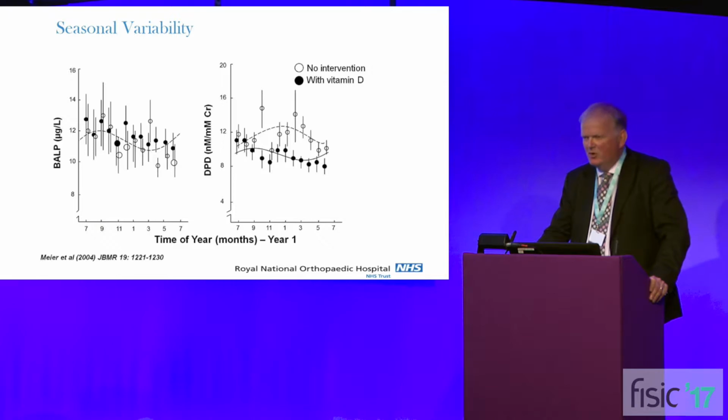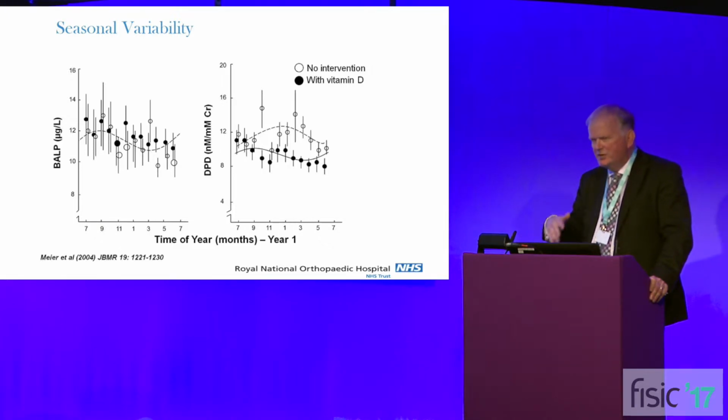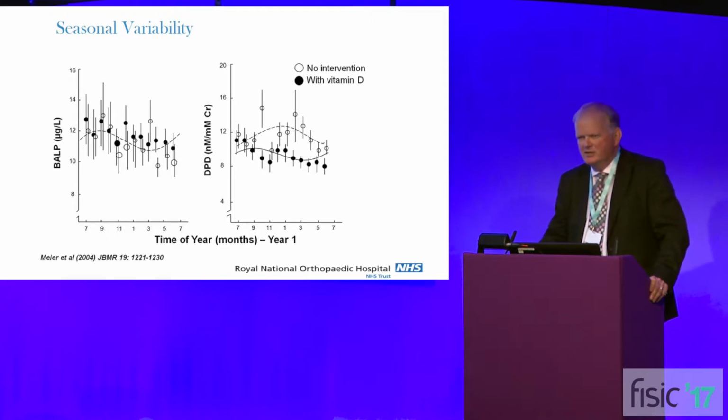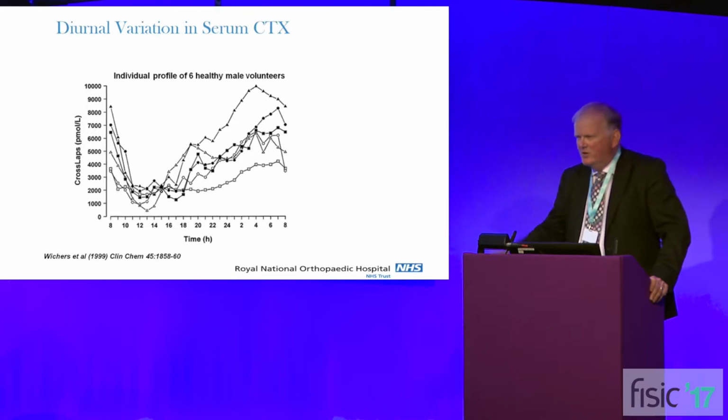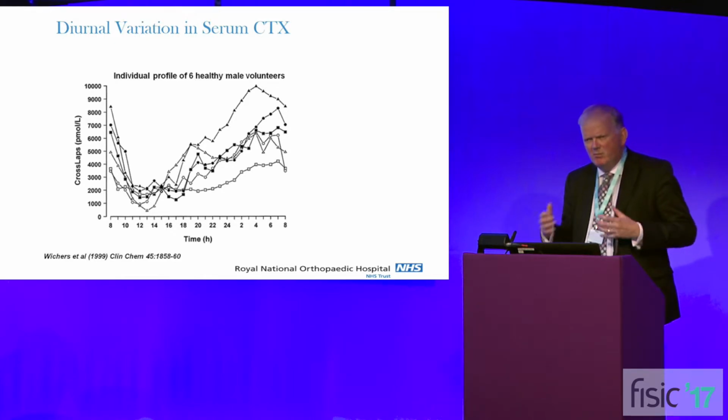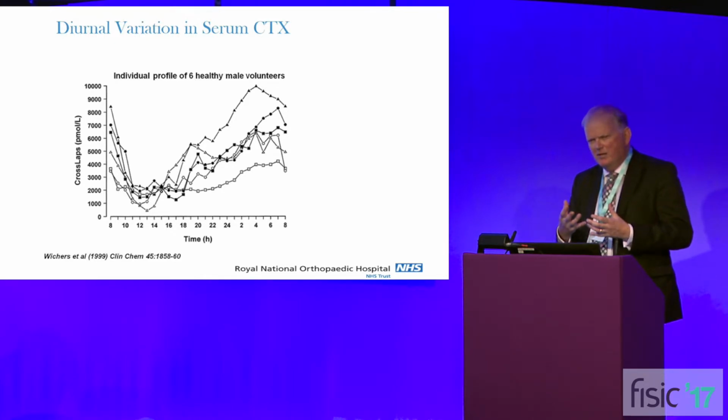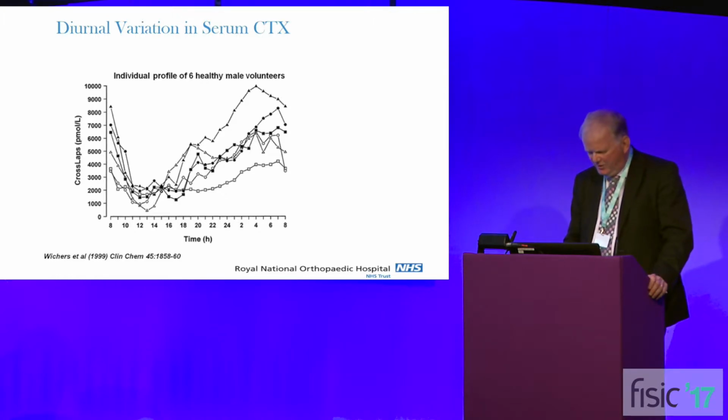On the left, you've got bone formation. On the right, you've got bone resorption. So you can see there are differences. If you're measuring things at 6 month intervals, you've got to take into account this natural variability, and also this diurnal variation, so fasting samples. It's something just to be aware of when you get these results back: is the change real or is it dependent on other factors?